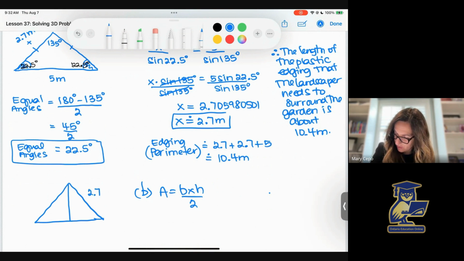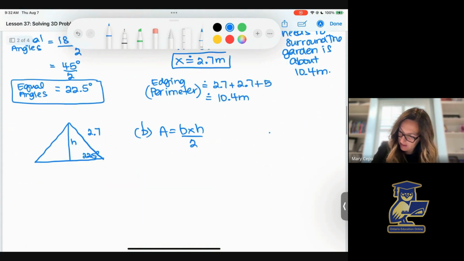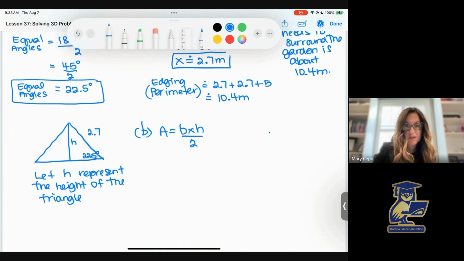This is equal to 22.5 degrees, and that would be the height. So we're going to say let H represent the height of the triangle, because that's the information that we're missing. We know that the base is 5. B is equal to 5.